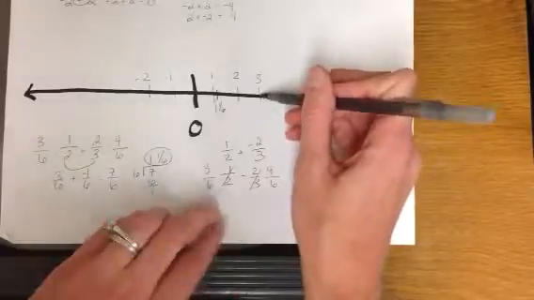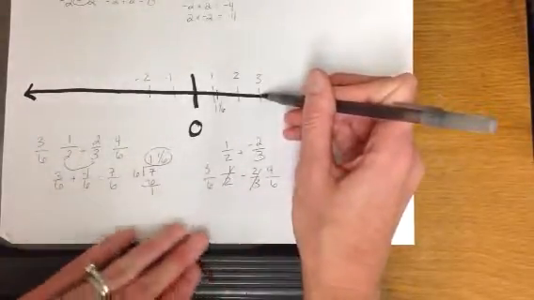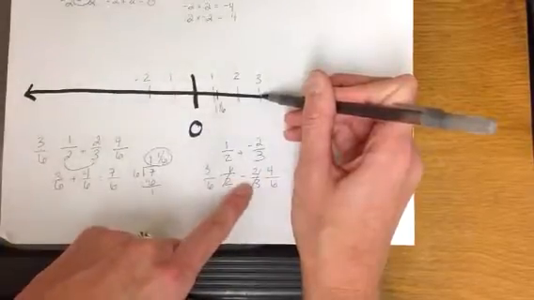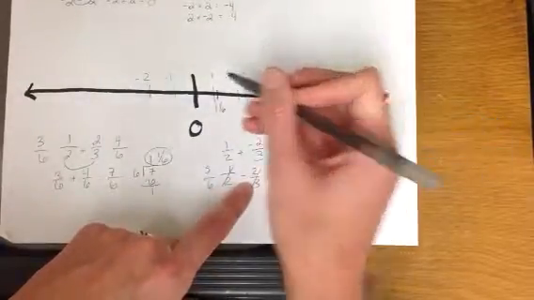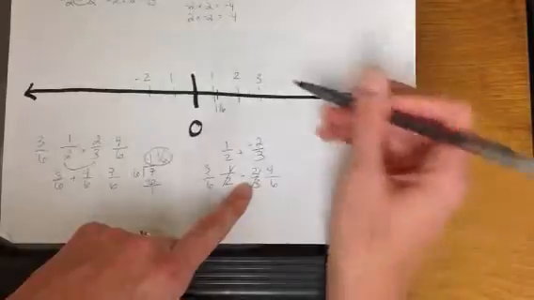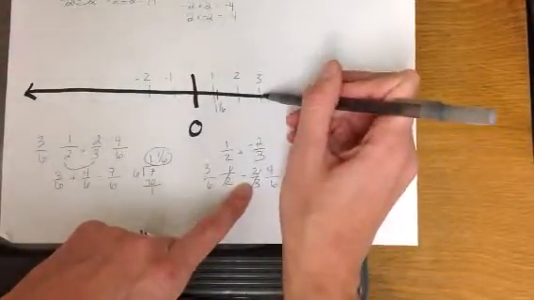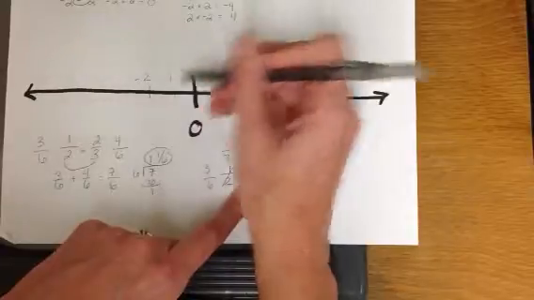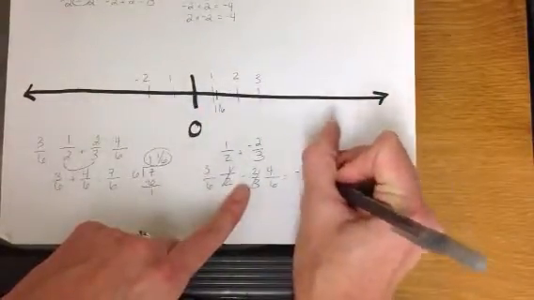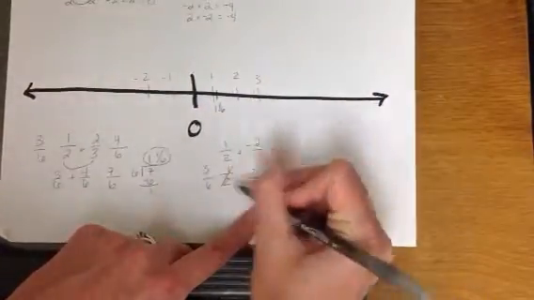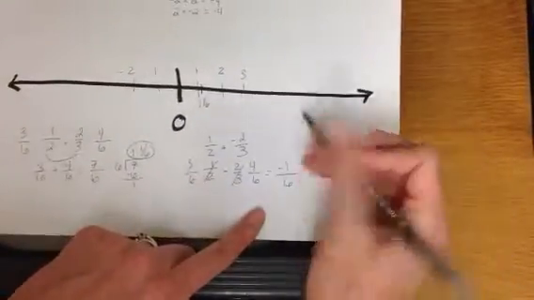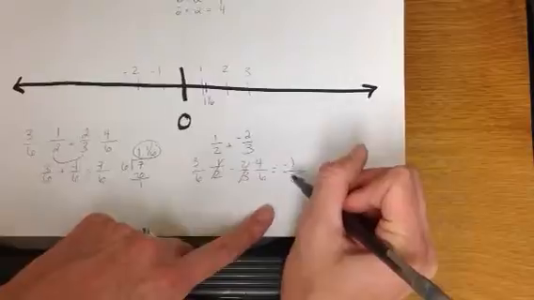If we're at 3 and we subtract 4, we would move over 4 spaces to the left. Remember, the left is negative. Anything left is negative. Anything right is positive. So we're starting at 3 and we're going to move over 1, 2, 3, 4 spots. So we know our numerator is going to be -1, and our denominator, as always with addition and subtraction, carries over. So our answer is going to be -1/6.